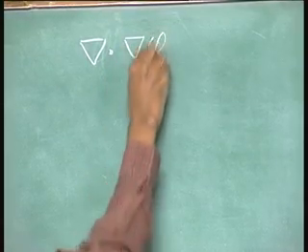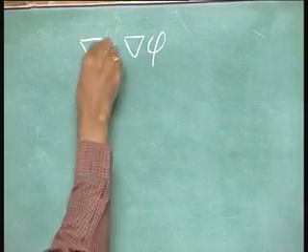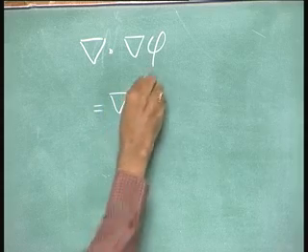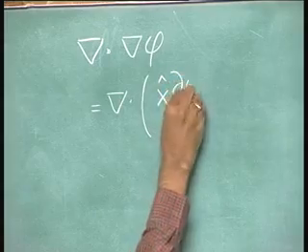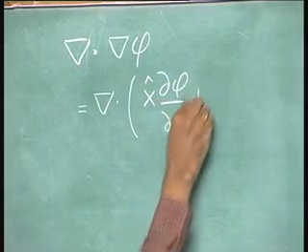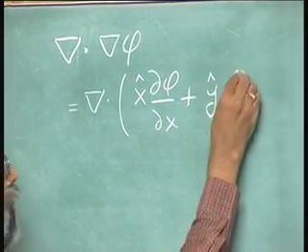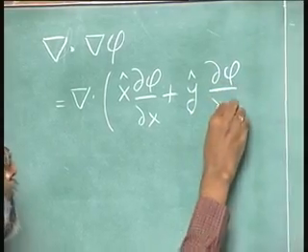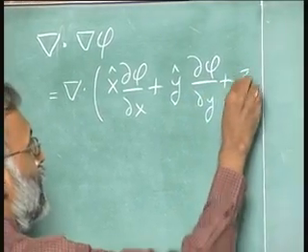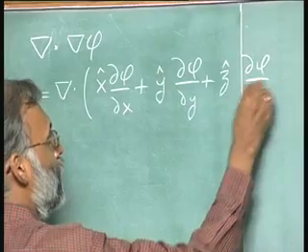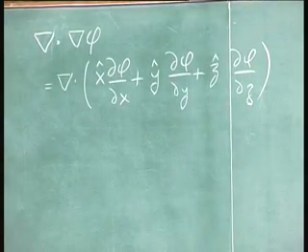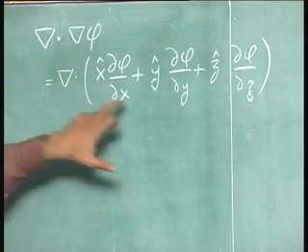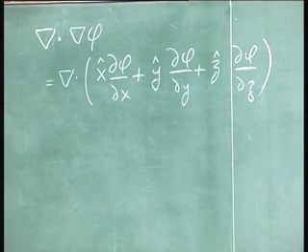Divergence of gradient of phi is equal to divergence of unit vector along x del phi del x plus unit vector along y del phi del y plus unit vector along z del phi del z. This is the vector gradient phi.